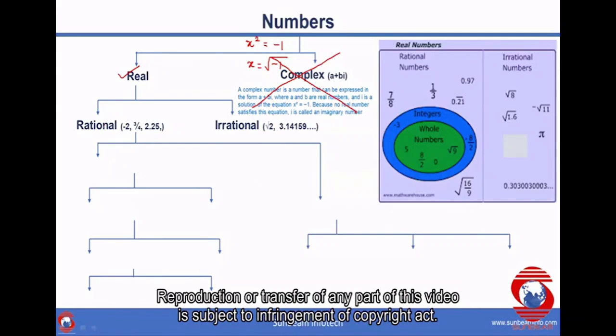If I can express a number as p by q, as a fraction, then it is called a rational number. And if I cannot write a number as p by q, then it is called an irrational number, like √3, or numbers which are never ending, like 3.14159 and it continues. Such numbers are called irrational numbers.